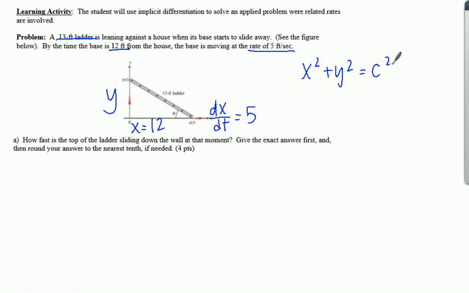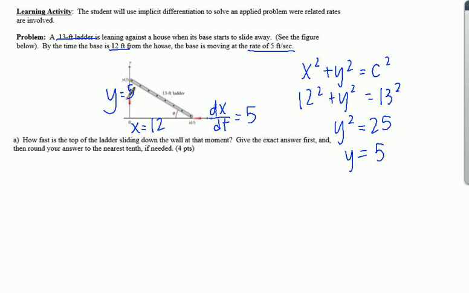So we have 12 squared plus y squared equals 13 squared. So 144. y squared equals 169 minus 144, which is 25. So y equals 5 feet.